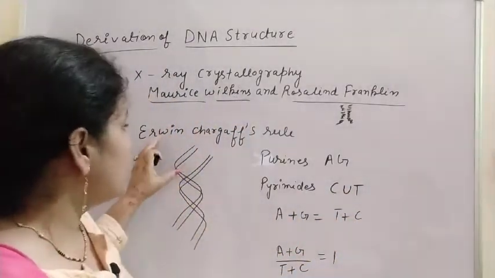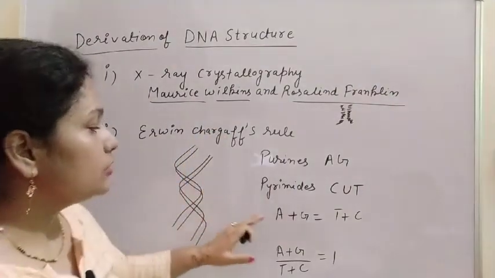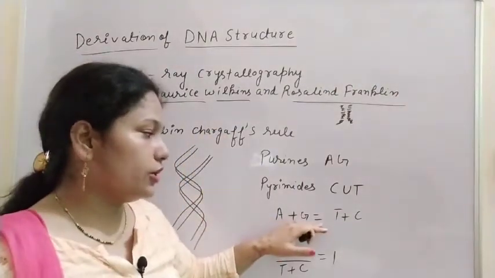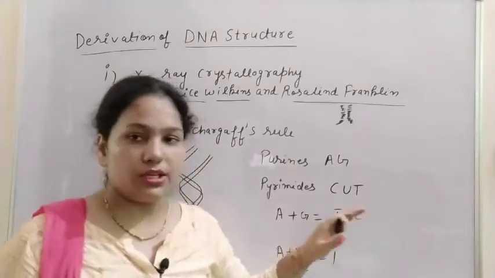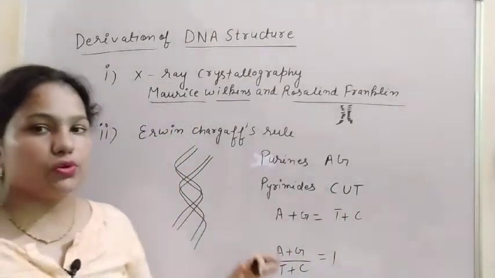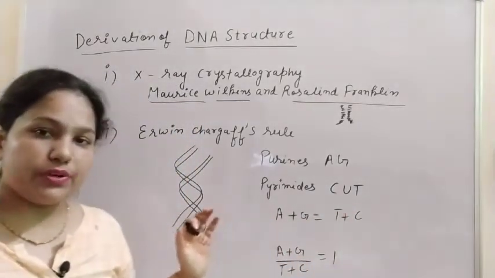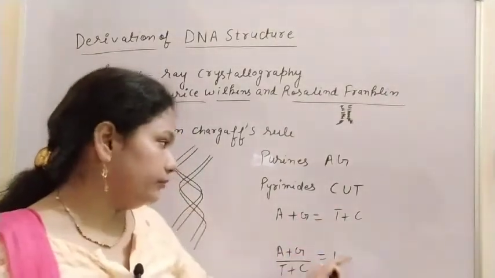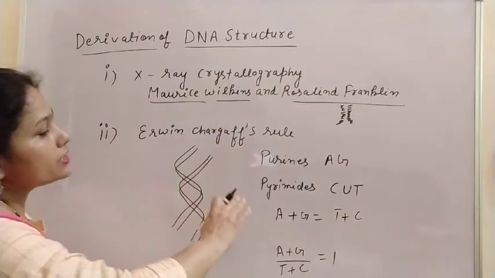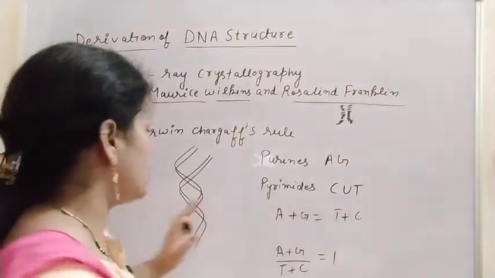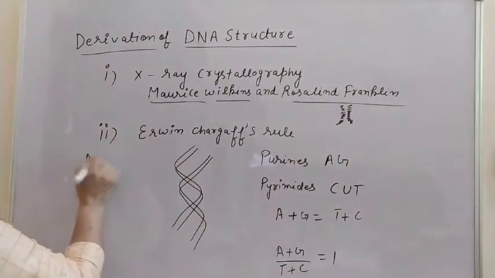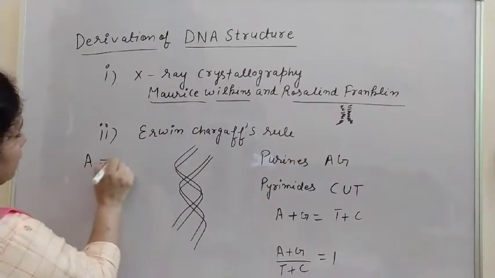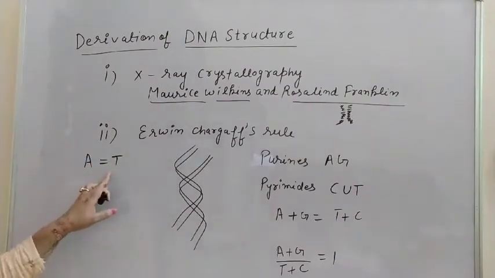So Erwin Chargaff gave the rule that A plus G is equal to T plus C, means the ratio of purines and the ratio of pyrimidine, that is equal, and that is equal to 1. So purines combine with pyrimidines, like A combines with T and double bond is present here.